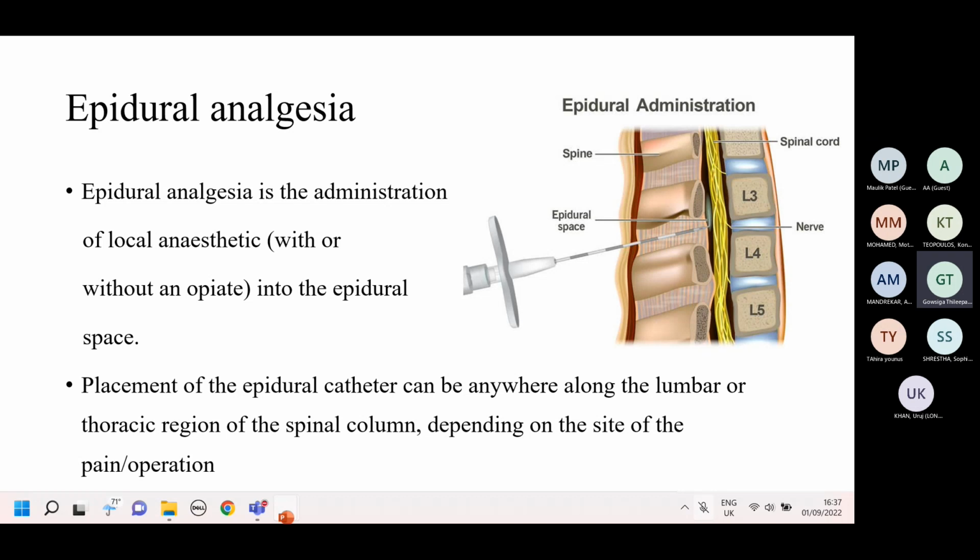The epidural catheter can be placed along the lumbar, thoracic, or spinal column, depending on the site and nature of the operation. It should be inserted depending on the site and extent of surgery, and continued in the postoperative period in the ICU setup. Next slide, please.